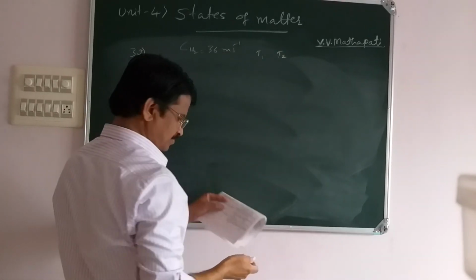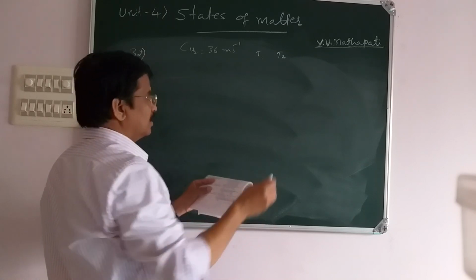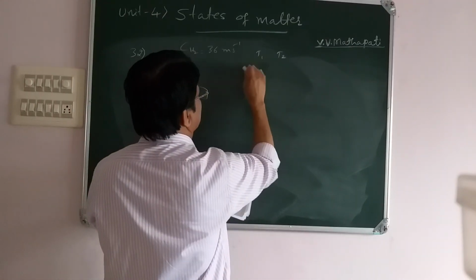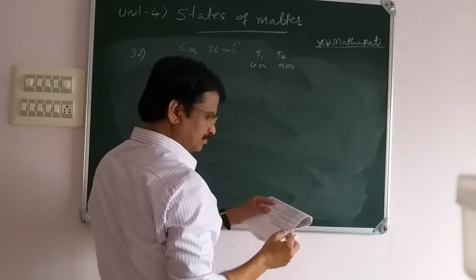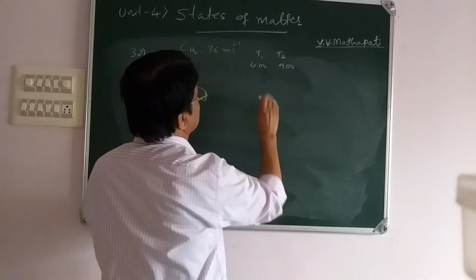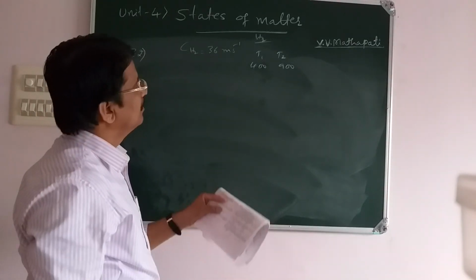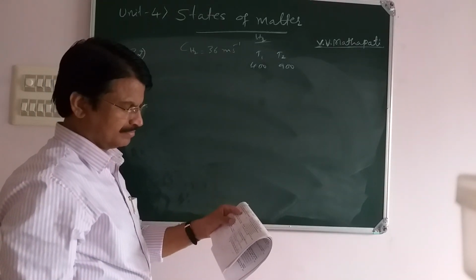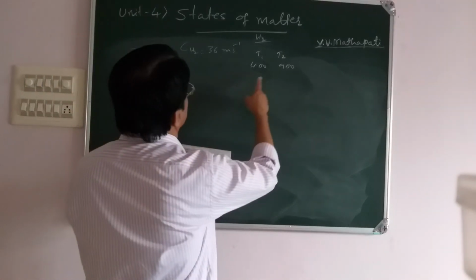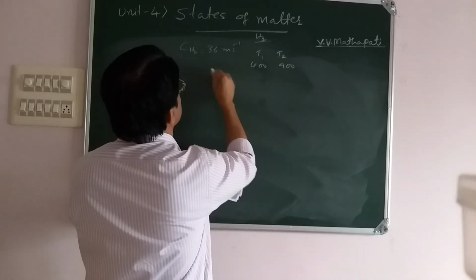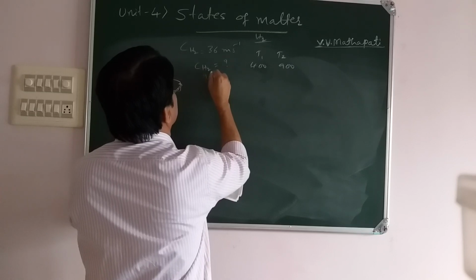Temperatures T1 T2 are 400 and 900. For hydrogen 400, and for the same case, both for hydrogen only, temperatures are different, 400 and 900. What is the value at 900 K? So, C of H2 at 900 K, how much?